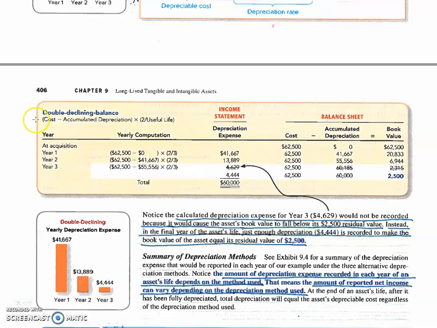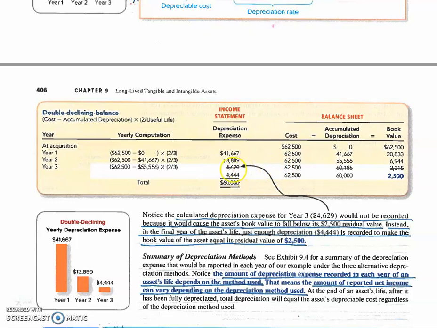Now, where residual value comes in is we never want to depreciate it below residual value. So you can see here in the last year, in the third year, their calculation of net book value times double the straight line rate would have caused it to be depreciated below residual value.